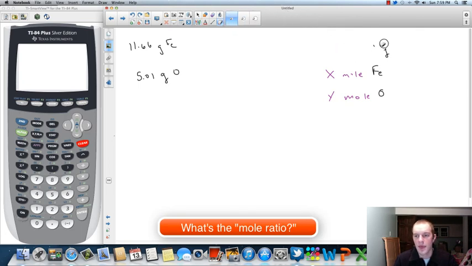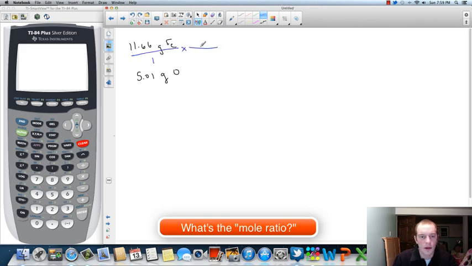So what we have is masses of iron and masses of oxygen. So what we need to do is convert those masses into moles. So how do we go about doing that? Well, very simply, for every 1 mole of iron, there are some number of grams of iron.